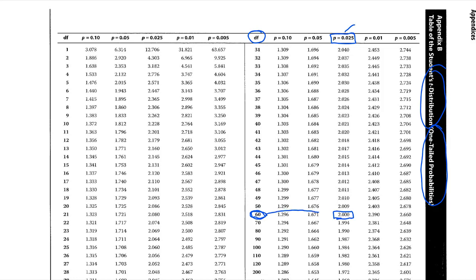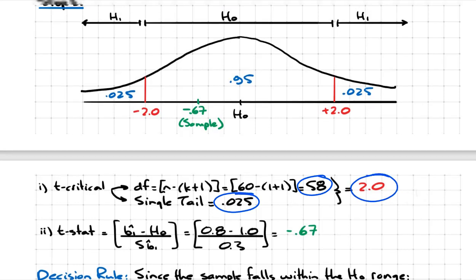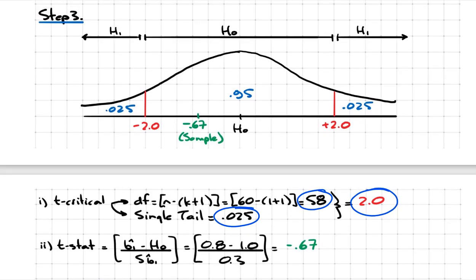So when we triangulate these two dimensions, i.e. right tail area and degrees of freedom, we get a critical value of 2.0. And that's exactly what we got here. So again, the interpretation of t-critical is we need to go plus and minus 2 standard errors away from the null to cover this 95% acceptance range.